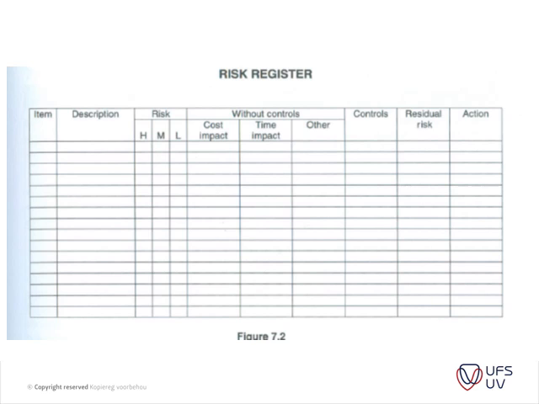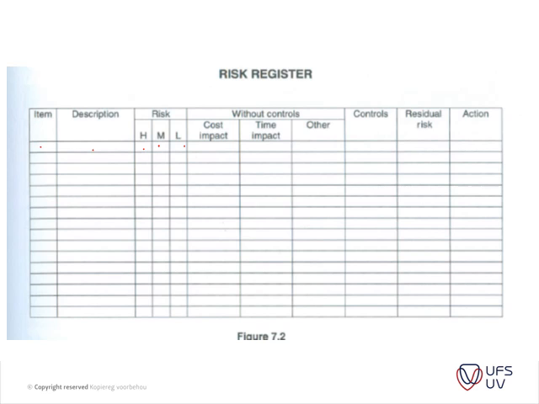Then the next item is your risk register, and this is just a typical example. We'll embroider on this a little bit later, but in essence, you basically have an item, a description. You identify it as a high, medium, low risk.